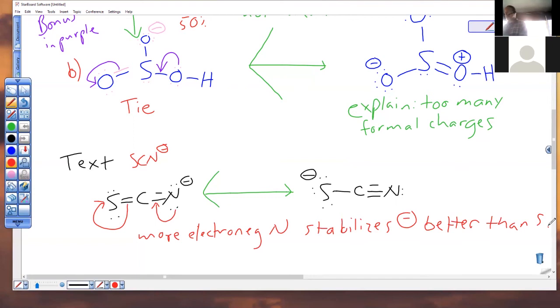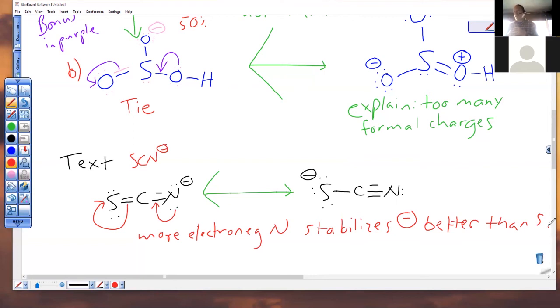Absolutely. Yes. If you had to choose between a cation on nitrogen or a cation on carbon, you'd prefer the carbon, because remember, electronegative atoms bring things close to the nucleus. So do you want to bring a positive charge closer to the nucleus? Think about it. What's the nucleus's charge?